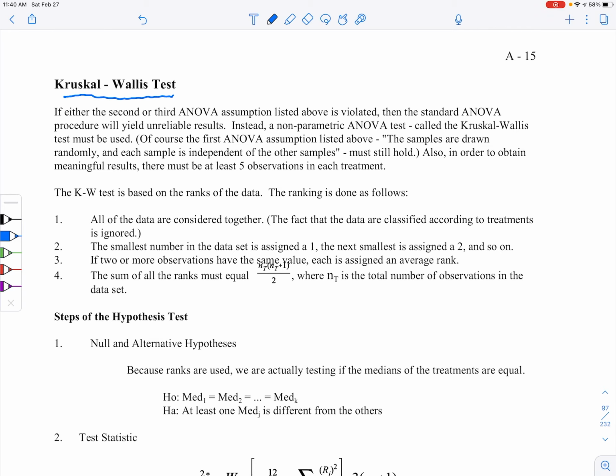Okay? Let me back up just a second here and say, remember in Anova, what we're doing is we are testing that the means of the treatments are equal. And yet we're using an F test, which is a ratio of variances, right? SSB, sum of squares between, divided by sum of squares within, SSB over SSW.